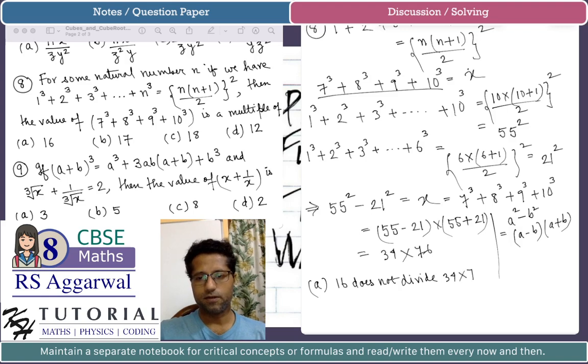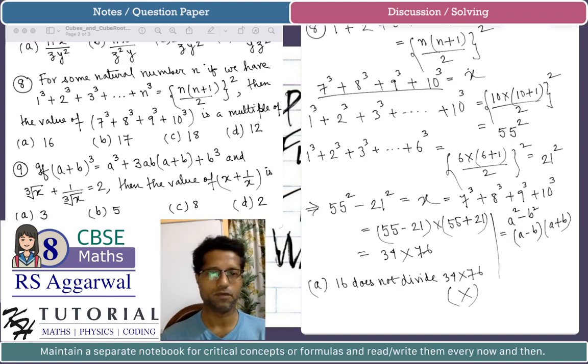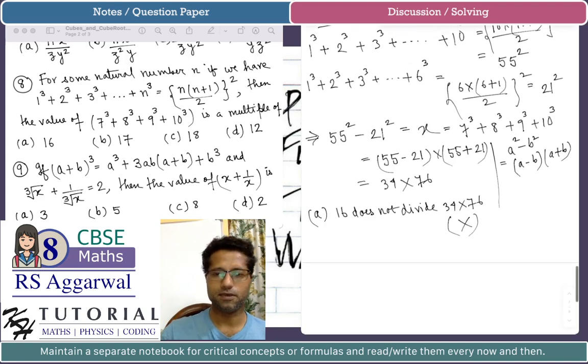So this is not a choice. It is asking whose multiple 34 multiplied by 76 is, among the given choices. So we can see that 16 does not divide 34 multiplied by 76, so choice A is not a choice.